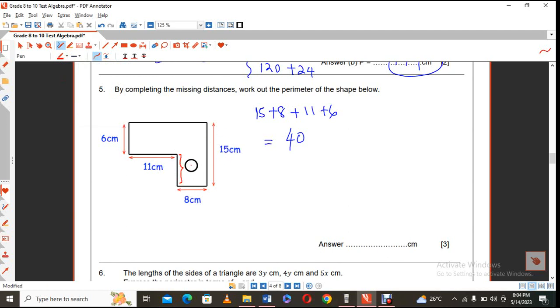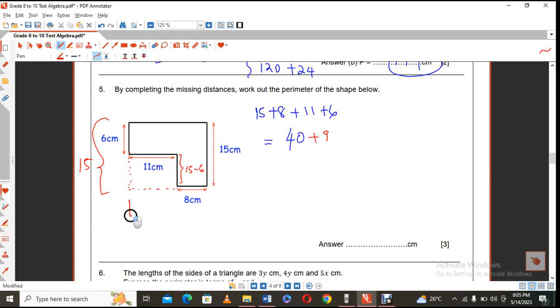You find this value by taking that whole distance over there, which is the 15, and subtracting this 6, because remember, this whole distance from here is 15, so this distance will be 15 take away 6. When you do so, it gives us 9. So I'm going to add that 9 over there.